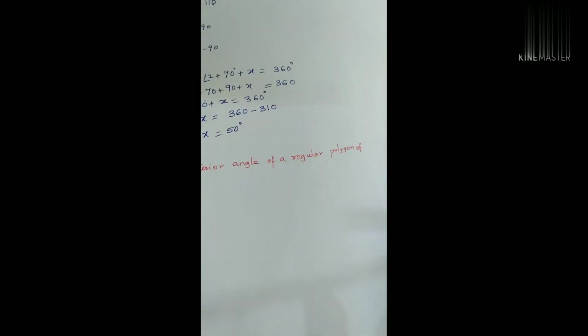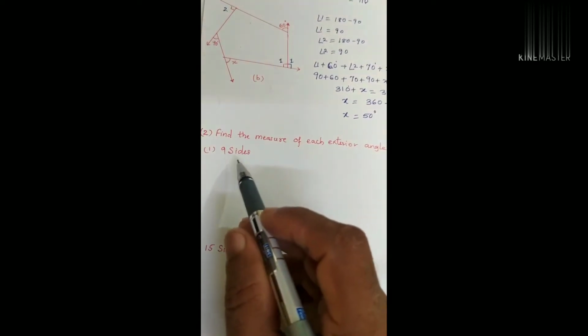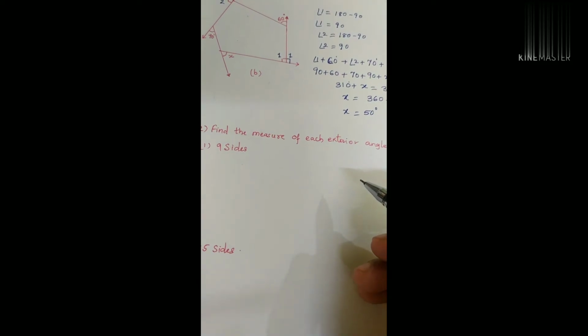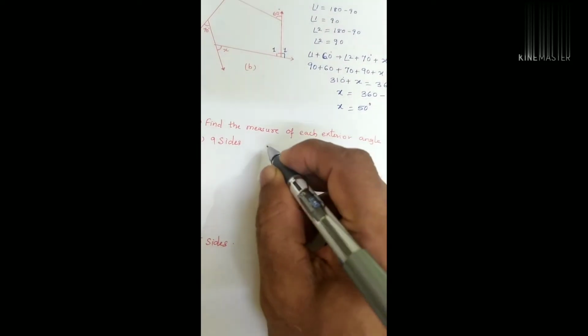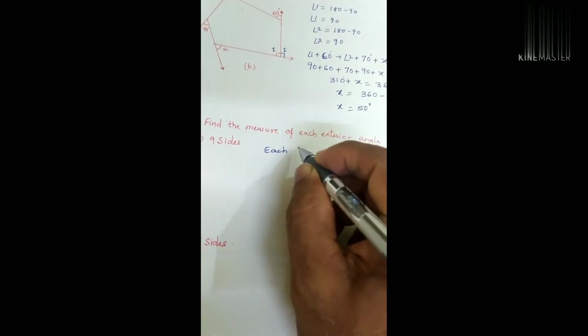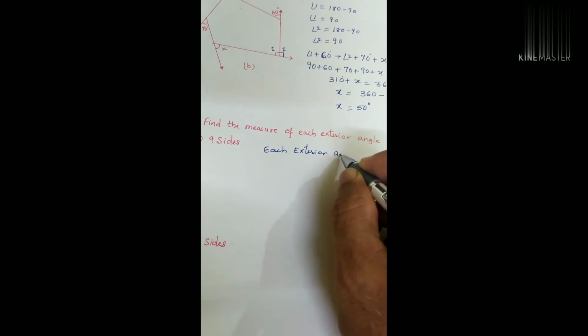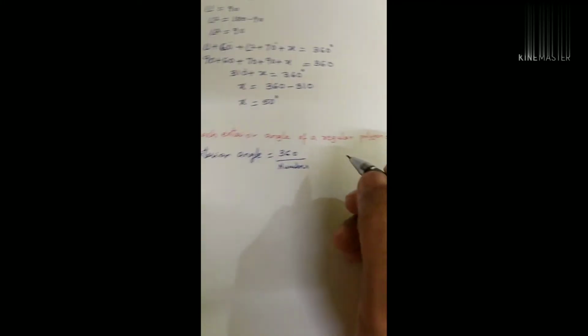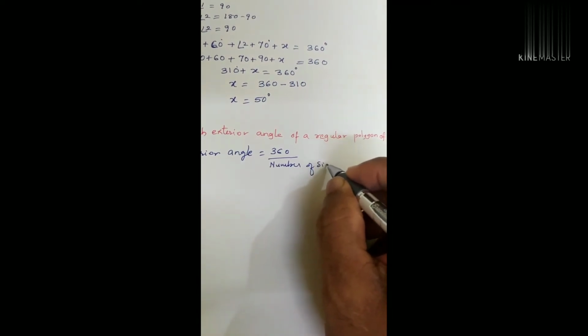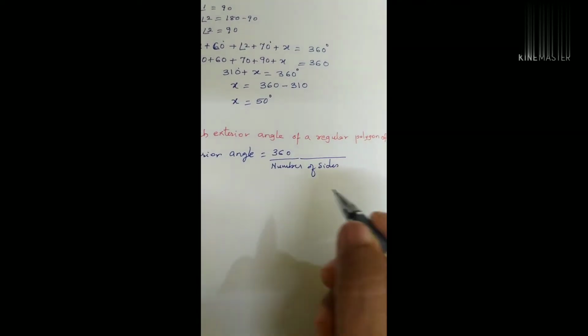Find the measure of each of the exterior angles of a regular polygon. Regular polygon means all the sides are equal. Now here there are 9 sides, 9 sides are equal, therefore the angles also will be equal. Each exterior angle is 360 upon number of sides.